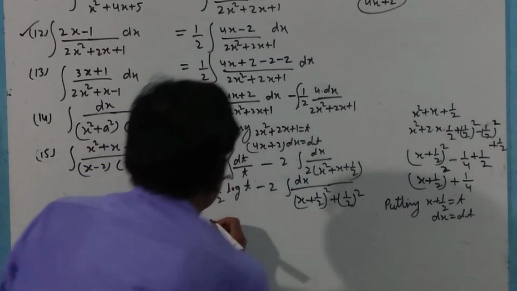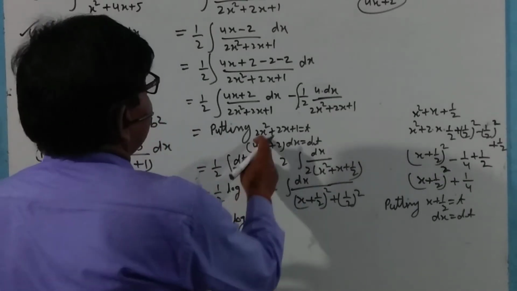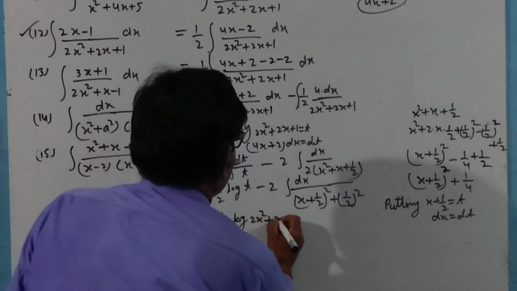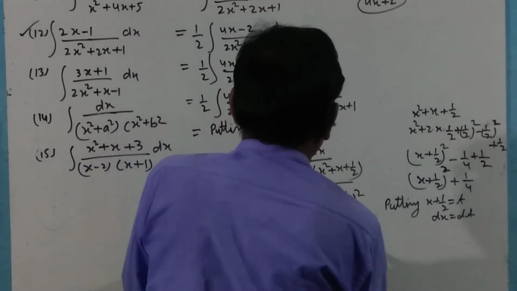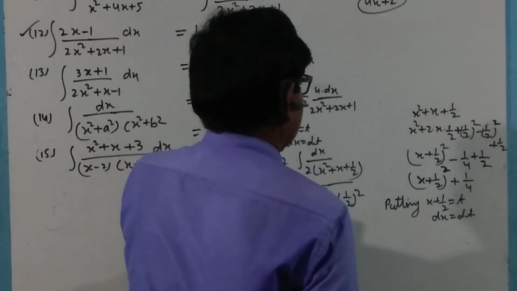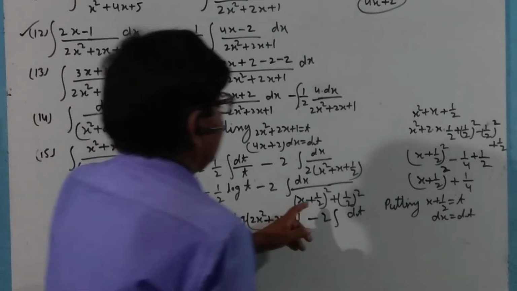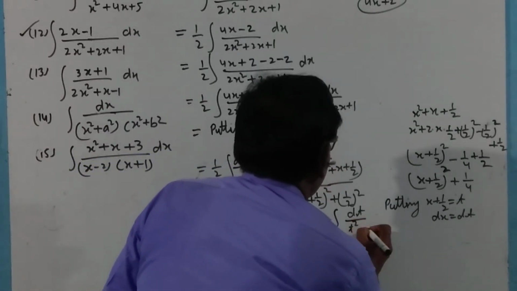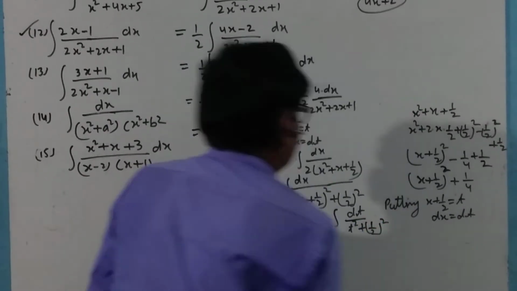So this is 1 by 2 log t, equal to this term 2x² + 2x + 1, and in this case, dx equal to dt, so integration of dt divided by t² + (1/2)².